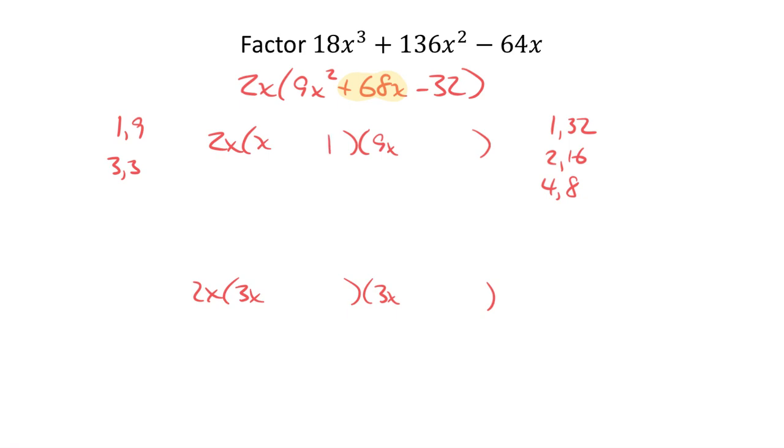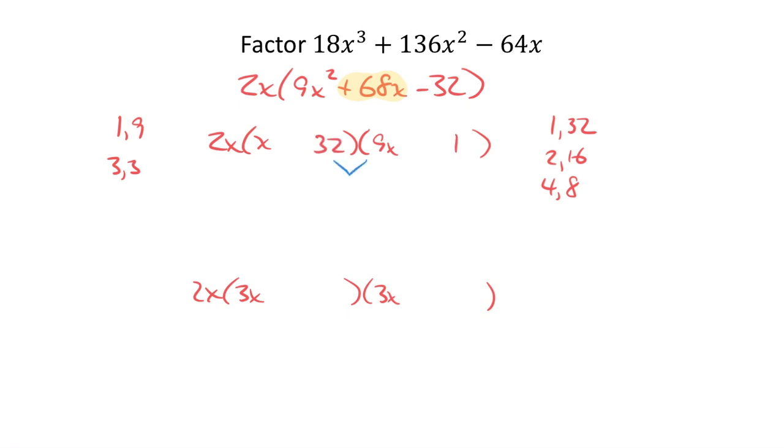So let's try 1 and 32 first. When I find the product of the inner terms, we'll get 9x. When I find the product of the outer terms, we're going to get 32x. The difference between those is 23, which is not the 68 that we're looking for. So we're going to have to try something different. Let's try switching the 32 and the 1.